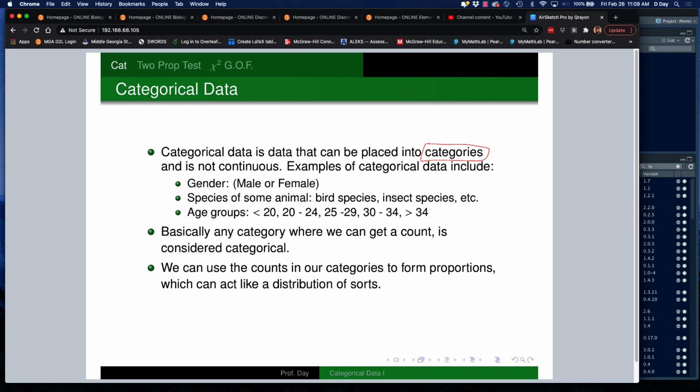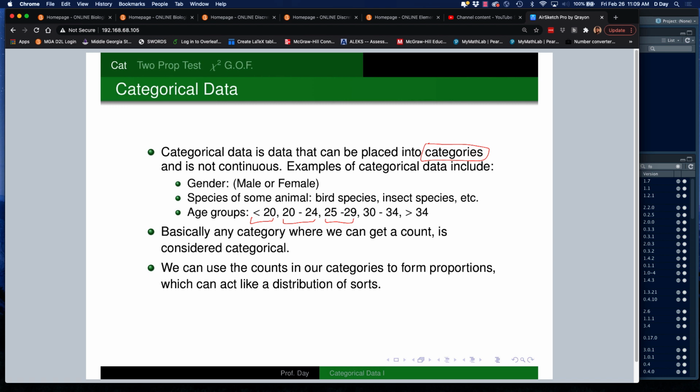The species of an animal, maybe a bird species. You have certain bird species you're interested in. Each one of those, if you go out bird or insect collecting, you might have different species that you keep count of. Age groups can also be considered categorical because you can have age ranges, like folks out of 1,000 that were younger than 20, those that were between 20 and 24, 25 to 29, and so forth and so on.